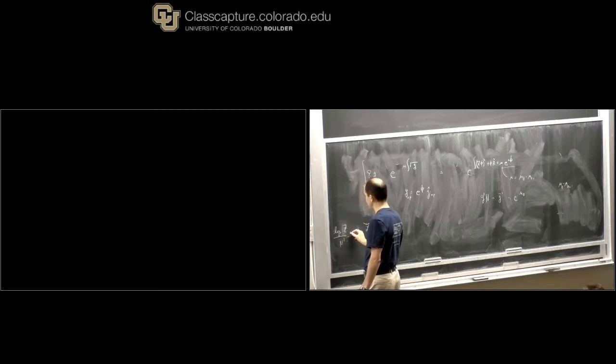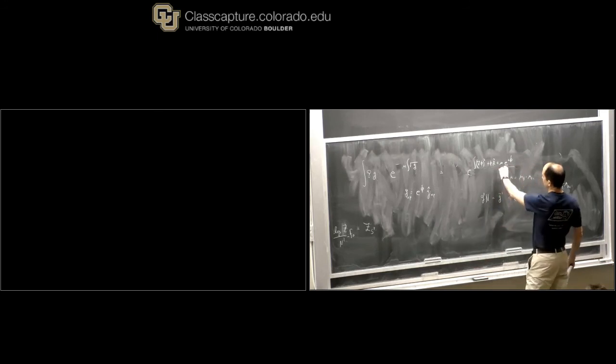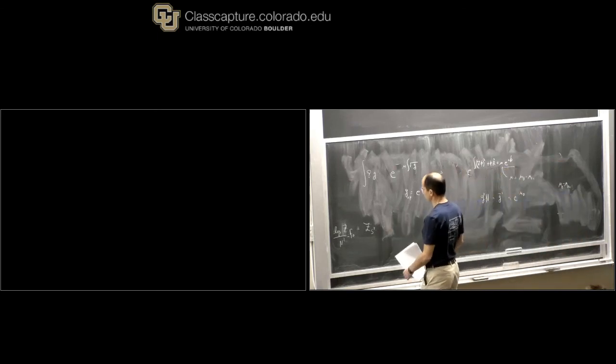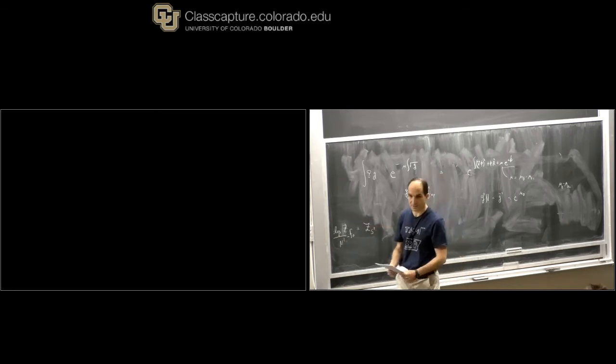That's what I was calling before F naught. So F naught should be equal to this. And by adjusting the coefficients in the way I mentioned, making sure that the central charge here is 26 and this has weight 1, you can calculate what the dependence on the cosmological constant is, and you find that the dependence here matches this dependence that you have over there. I won't go through the details, but it matches this dependence.